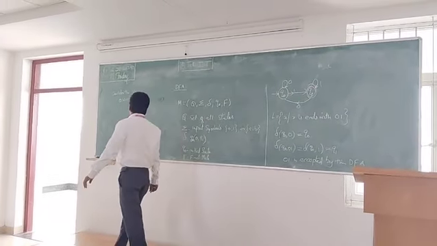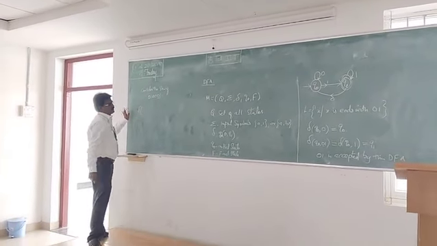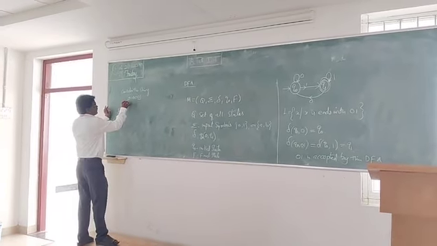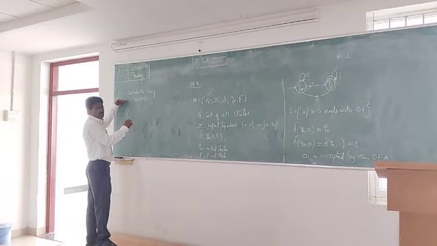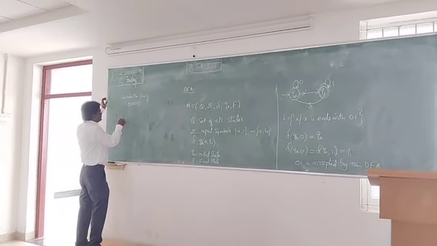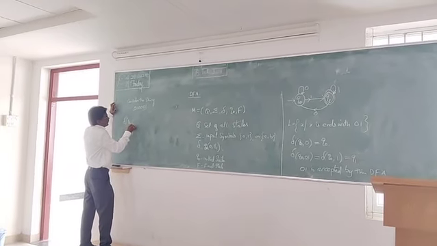In the same manner, delta of q0. From left to right we have to check all the values. First one is the initial state, input is 0.